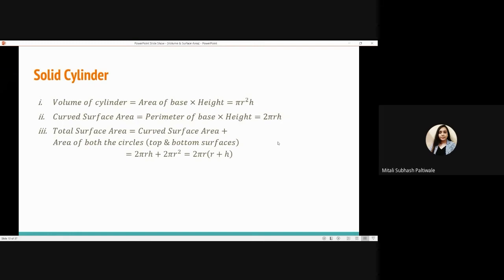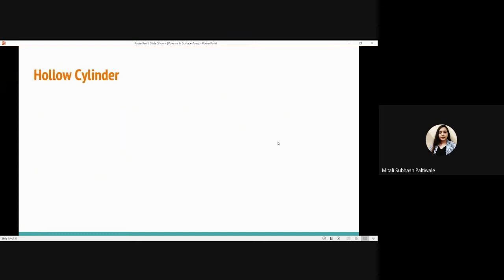Now, if the cylinder is hollow, then what will be the formulas? If the cylinder is hollow, then the volume of the hollow cylinder would be outer volume minus inner volume.